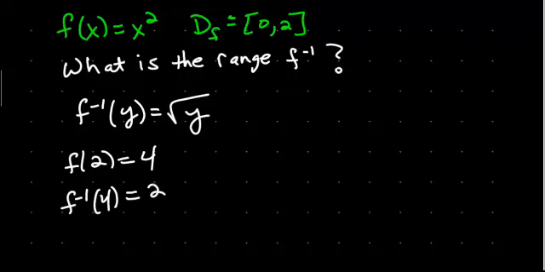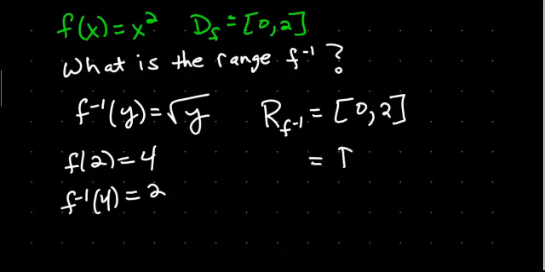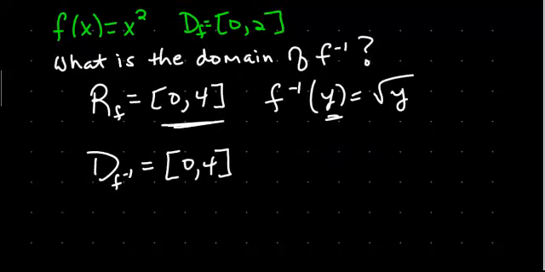So it just sends it back to its domain element. So the range of f inverse is the domain of the original function, 0 to 2. Okay? That is, this equals the domain of f.